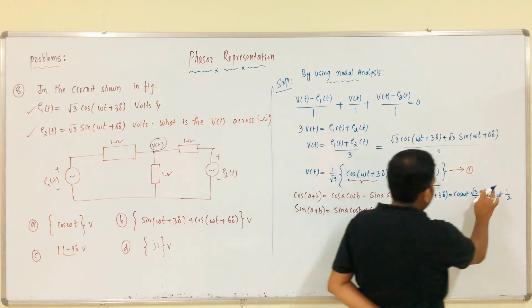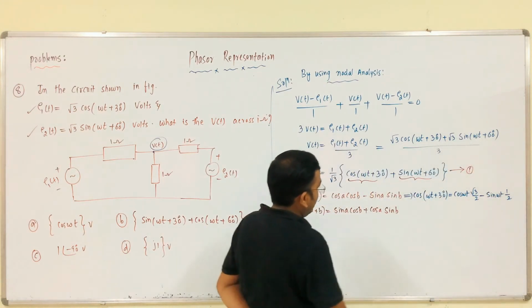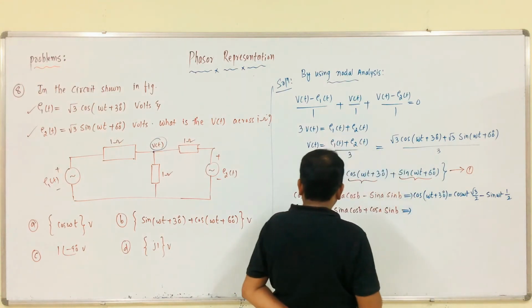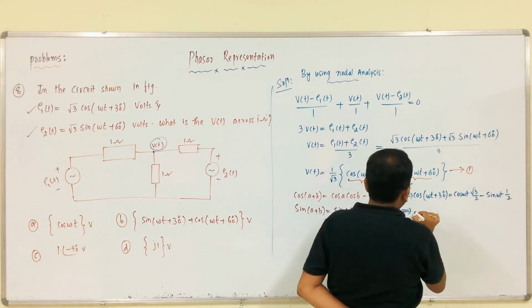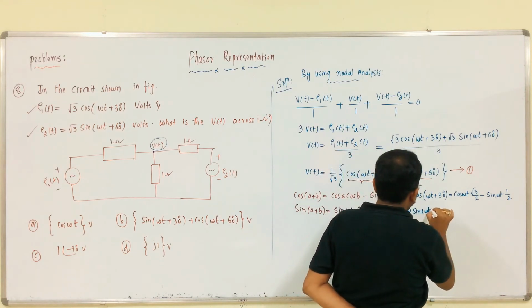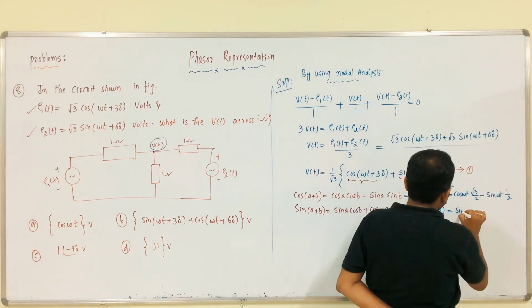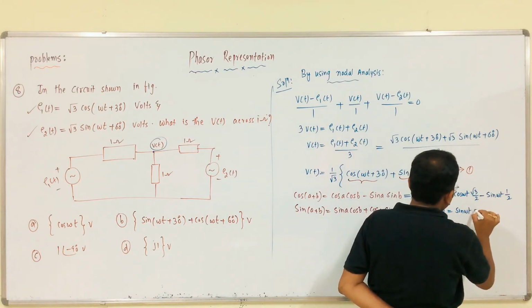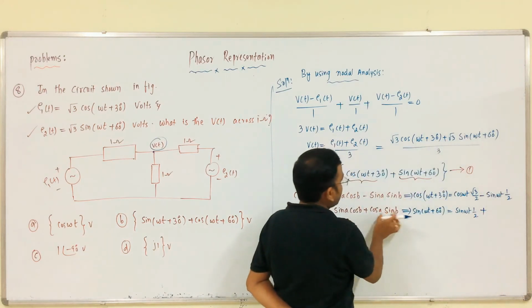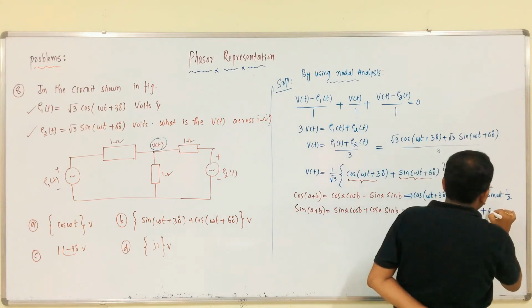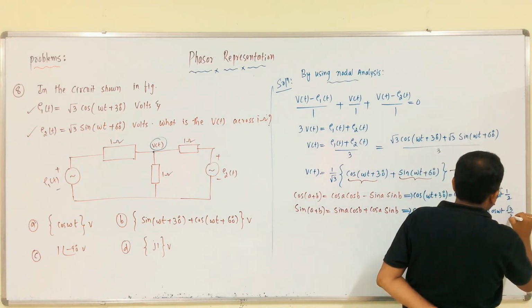Here it is minus, sorry, cos A cos B minus sin A sin B. Sin(A plus B) is sin A cos B plus cos A sin B: sin omega t cos 60, that is 1 by 2, plus cos omega t sin 60, that is root 3 by 2, clear.